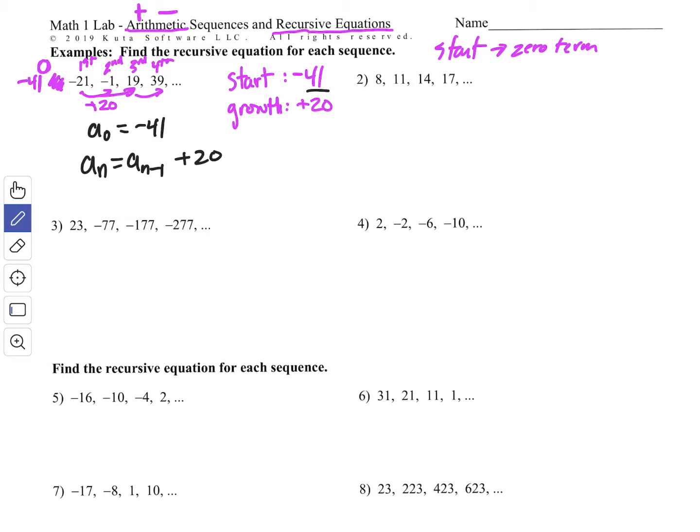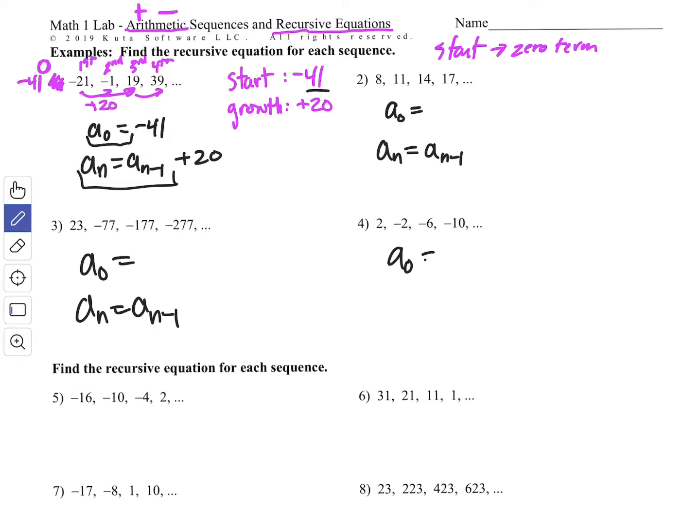So the thing is that this piece and this piece are always going to be the same. So honestly, I could go ahead and write them all down on every single problem to begin with. And then all I would be worrying about is putting the start and the growth in there, okay, which is definitely something I can do.